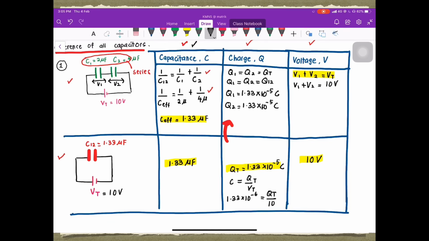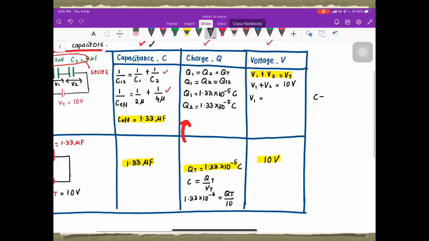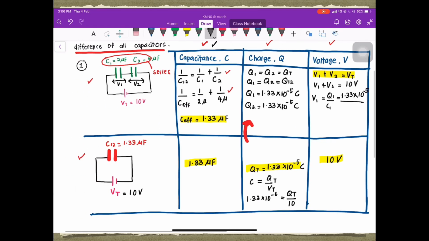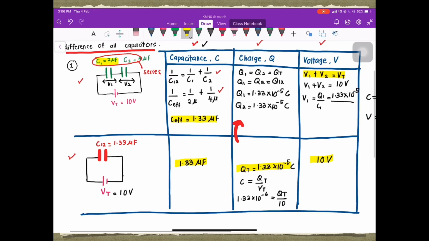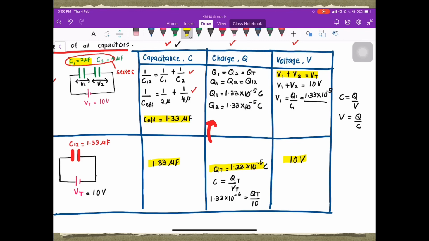We want to determine V1, using the same equation, C equal to Q over V. Rearranging, we get V equal to Q over C. Substitute the value of Q1 over the value of C1, which is 2 microfarad. So V1 is 6.65 volt.